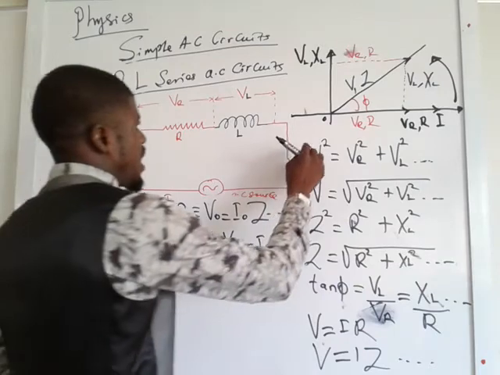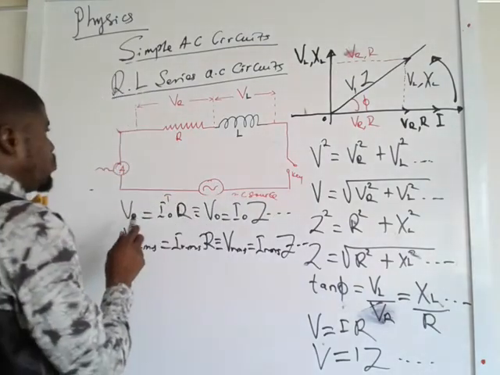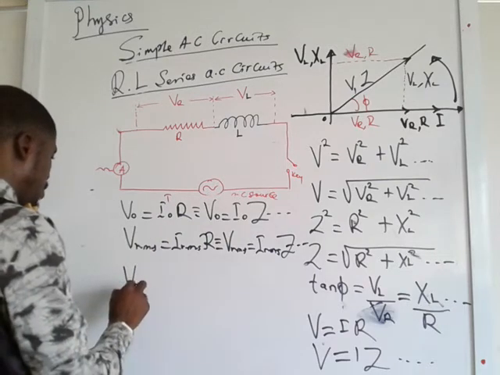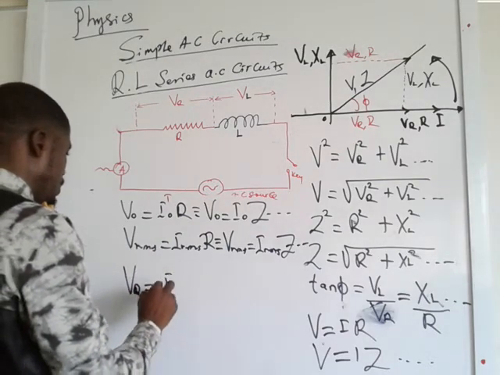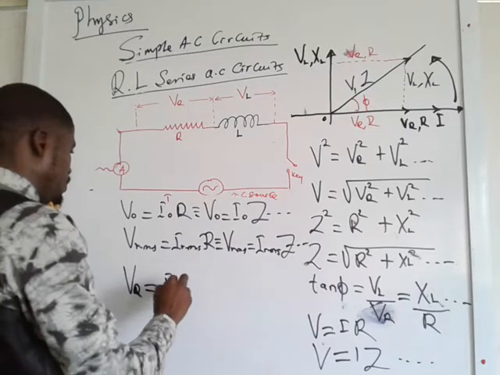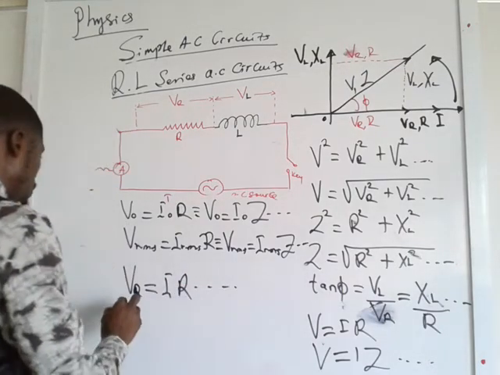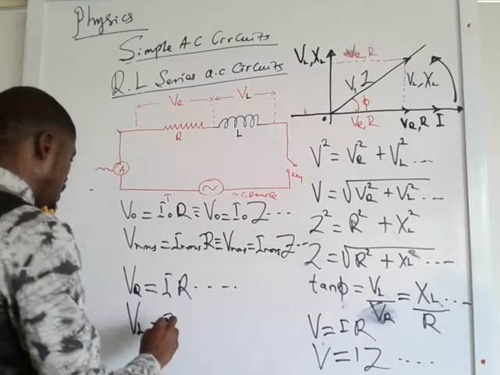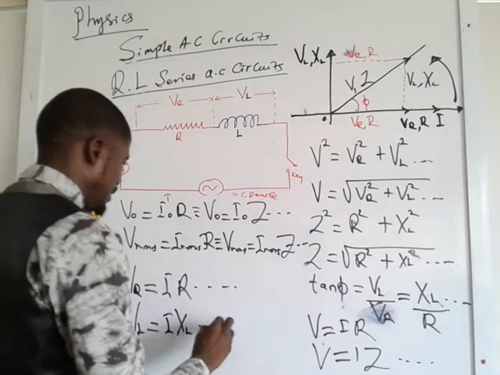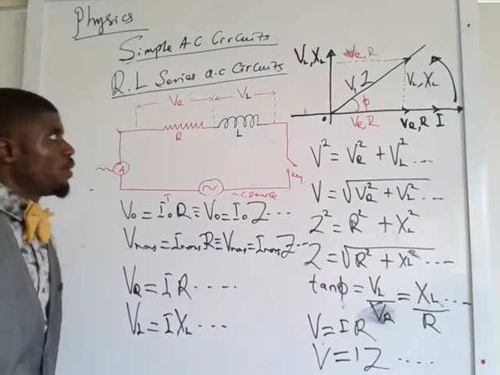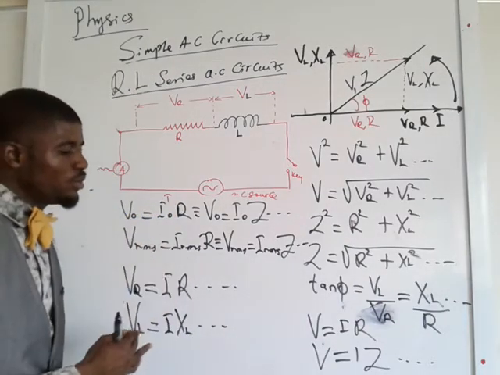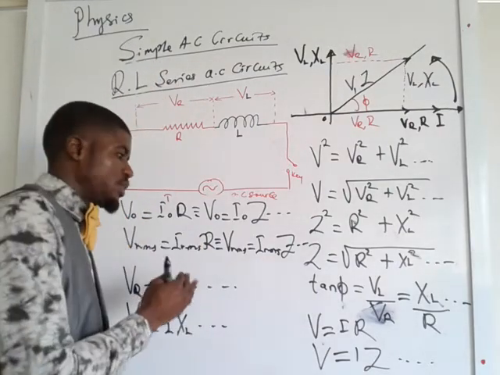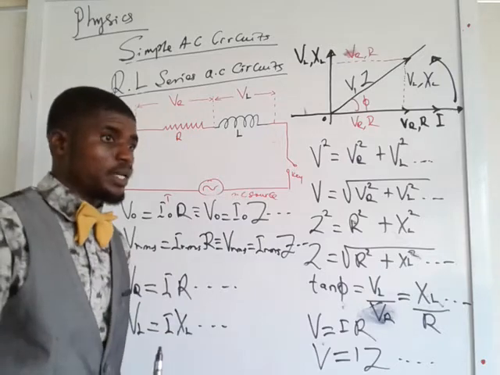And so the voltage VR, from Ohm's law, we can write that VR is equal to IR. Name it. Also, the voltage across the inductor L is given as I times XL. Name it. So these are all the possible equations I think you can encounter in this topic.